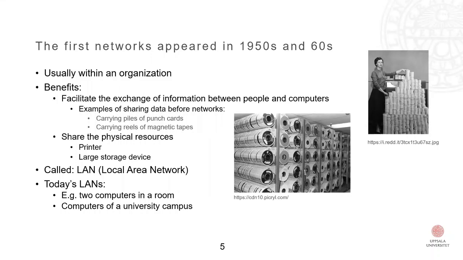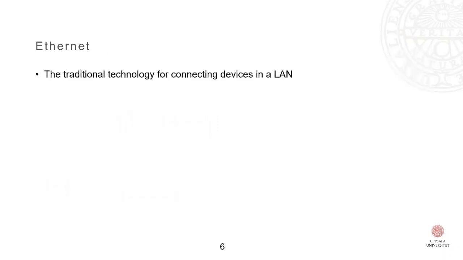Now let's review quickly what technology is used to connect the computers inside the LAN, or connect the nodes, I should say, inside the LAN. So Ethernet was the traditional technology for connecting devices inside the LAN.